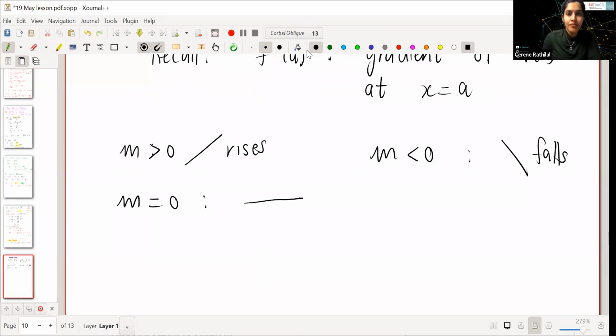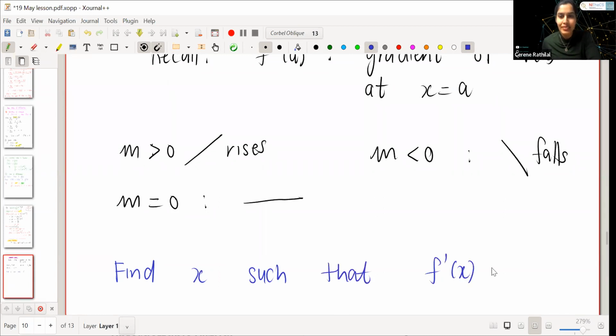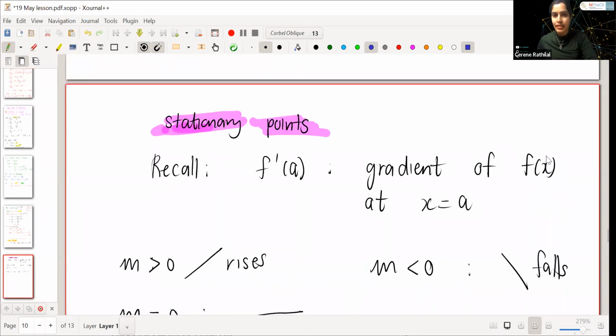So we want to find x such that f prime of x equals 0. And so if f prime of x represents the gradient, it simply means that the gradient is 0, and so it means that the function f is approaching a sort of flat line.